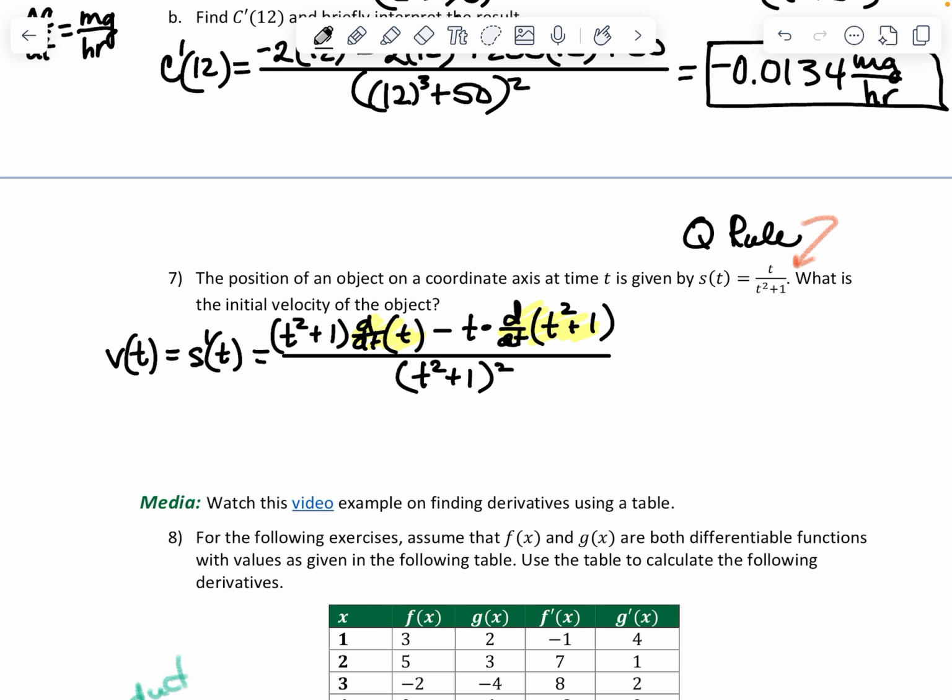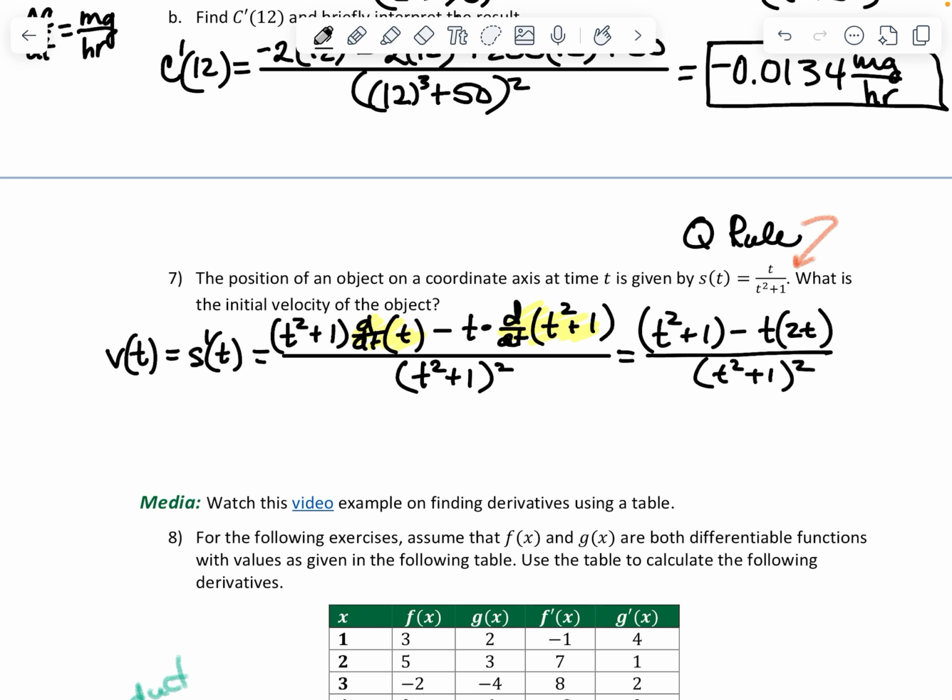So I've got the velocity here. S prime is equal to low d high, less high d low, over low squared. So I'm going to simplify this. So it looks like I get t squared plus 1 minus the t times 2t, and then that is all over t squared plus 1 squared.